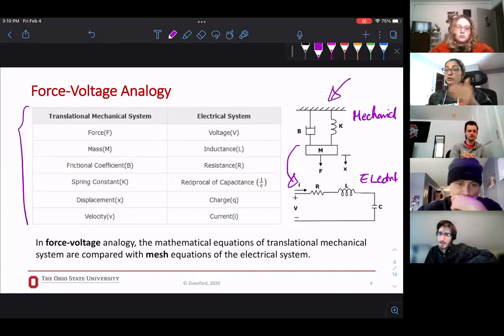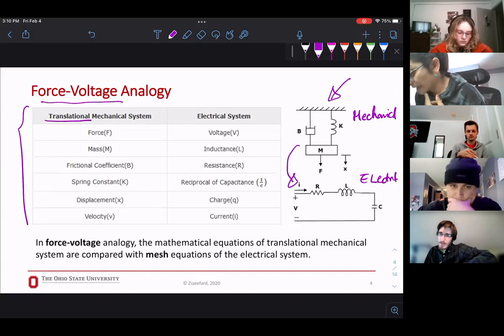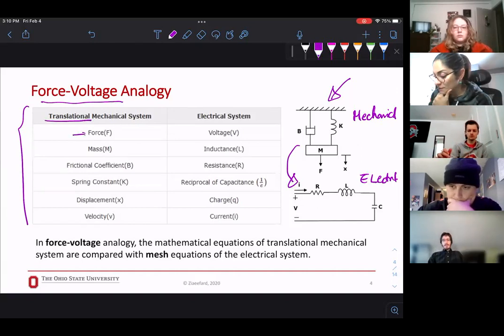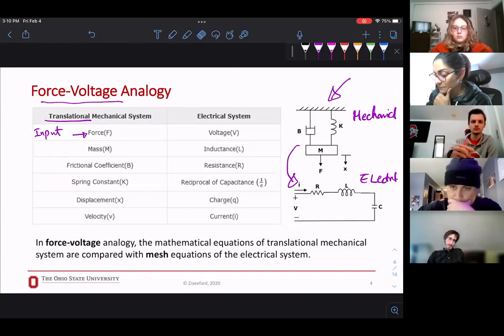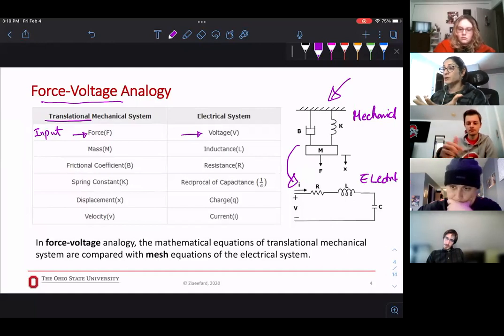I'm going to show you 4 pages. All 4 are kind of the same. So here we have the force voltage analogy. This is important. Now, in a translational mechanical system, force, which is our input, most of the time our input is in the form of force, is equivalent to voltage in an electrical system as an input, right?